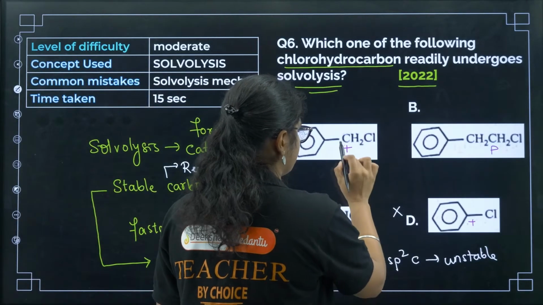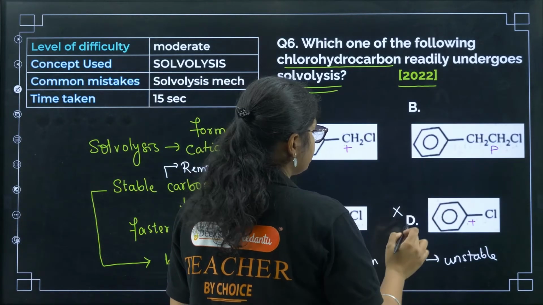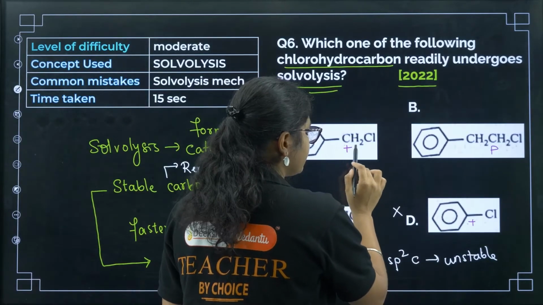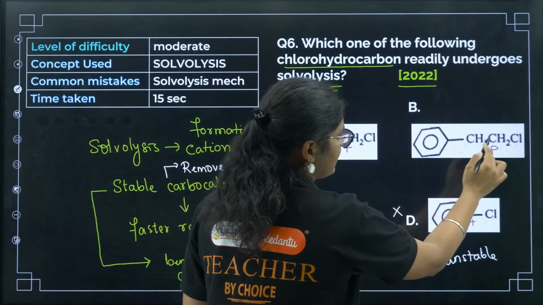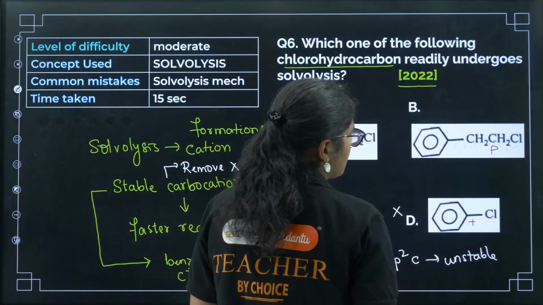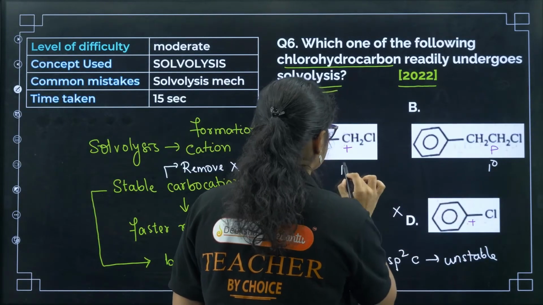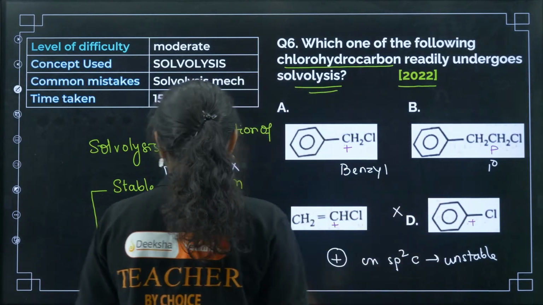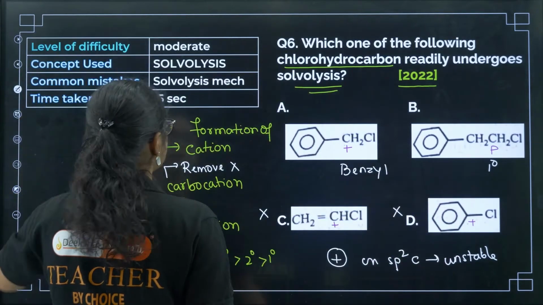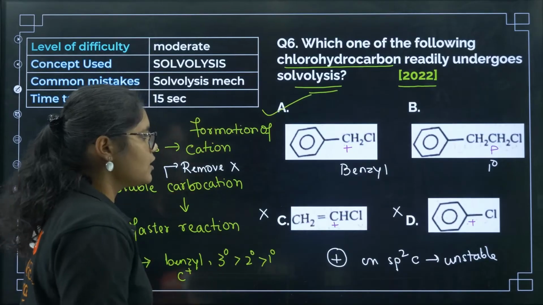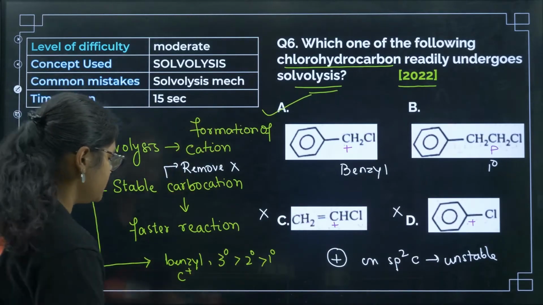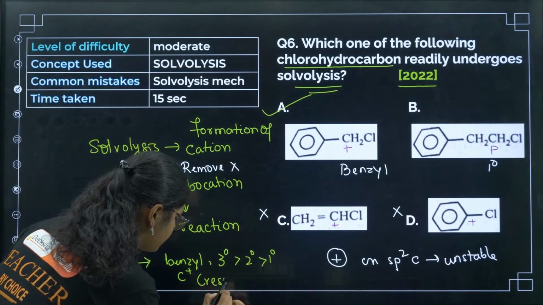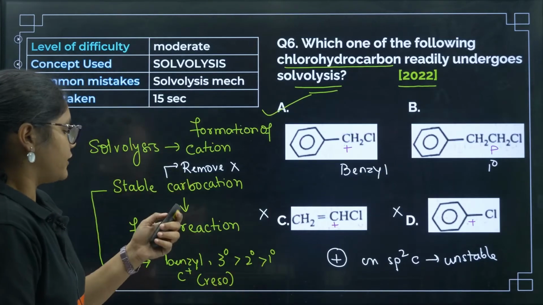Now if you see here, we have a benzyl carbocation and here you will get primary carbocation, right? This is primary and this is benzyl carbocation. Now benzyl carbocation obviously will be more stable, so that is why this is the correct answer. Why are benzyl carbocations more stable? Due to resonance, okay? Fine.